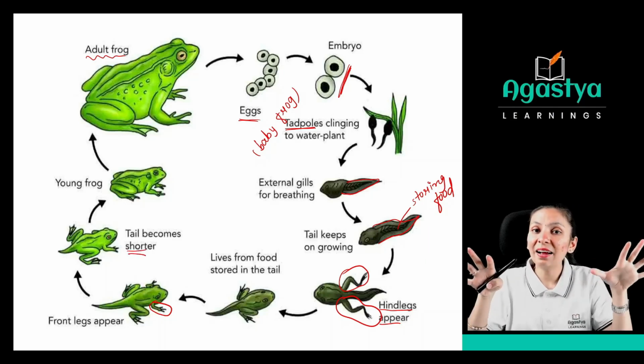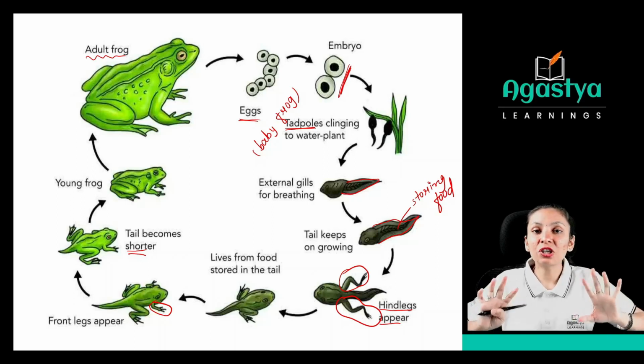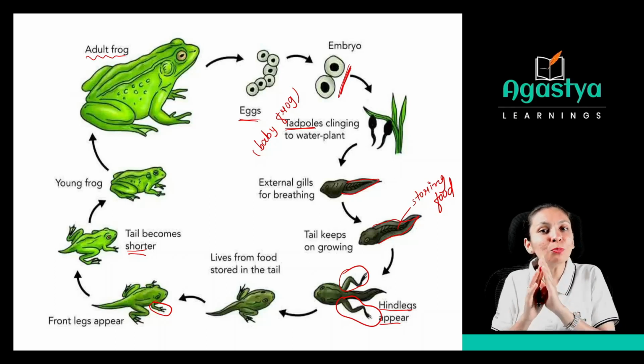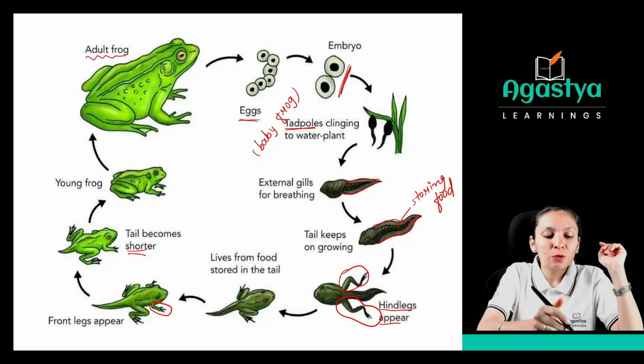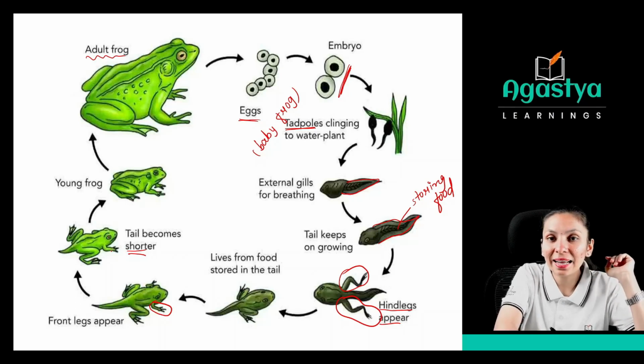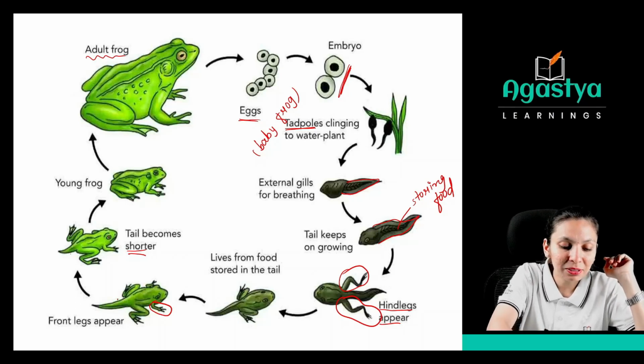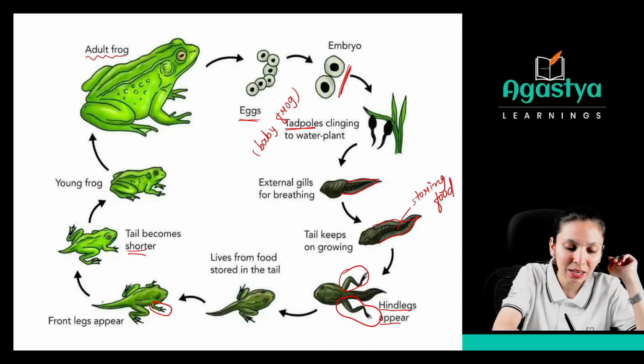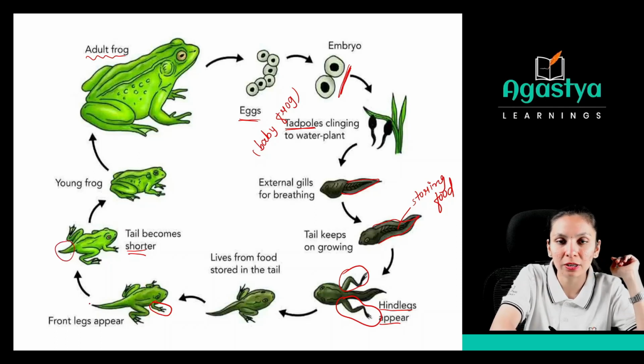See, as the legs are developing, they can jump from one place to another, right? They can move to get their food. So now there is no more requirement of stored food. So after some time, when the legs appear, the tail will become shorter. As you have seen, the tail was first growing, right? But as the legs appear, the tail becomes shorter.